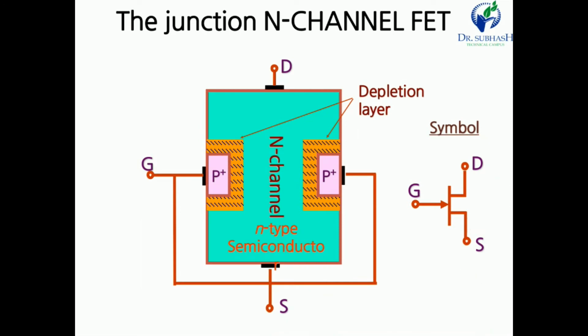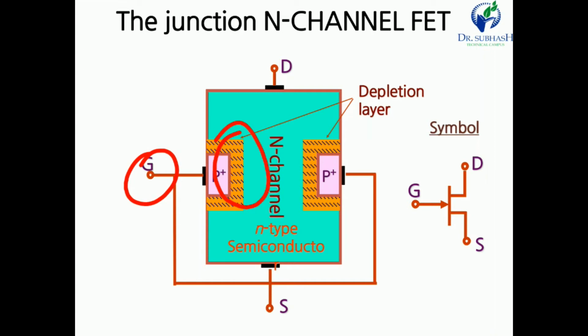Here two PN junctions are actually created. This one is P type semiconductor, this is also P type semiconductor, and this is N type semiconductor. In between P and N, there is one junction here and one junction here. Whenever we apply some voltage to the gate, according to the gate voltage, a depletion region will be created.